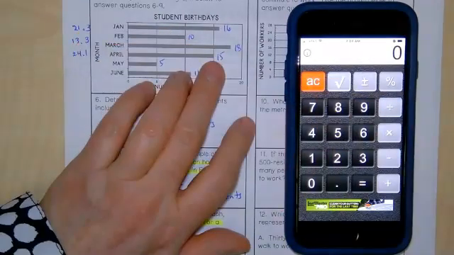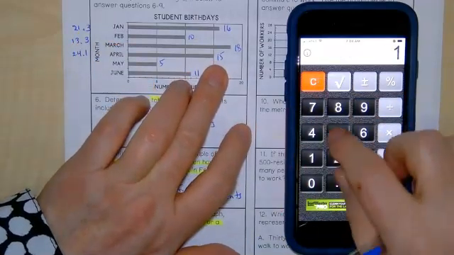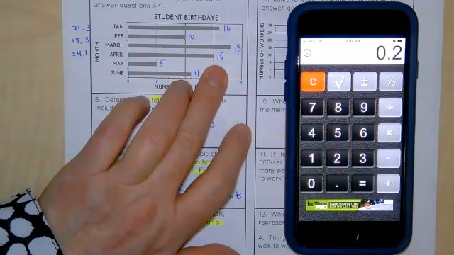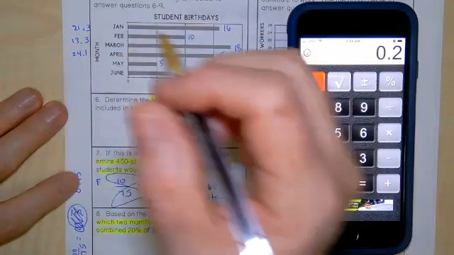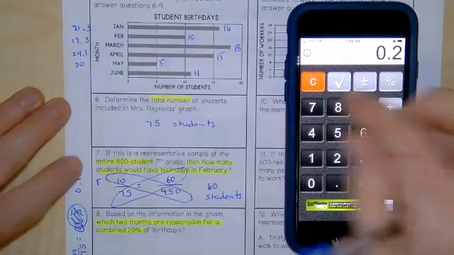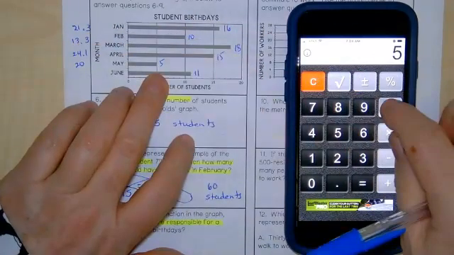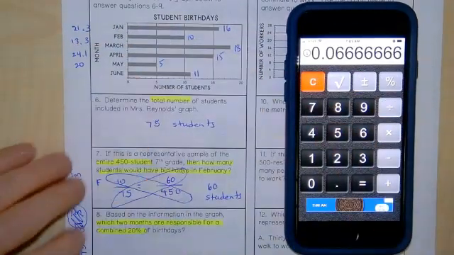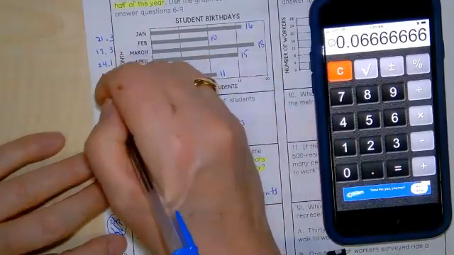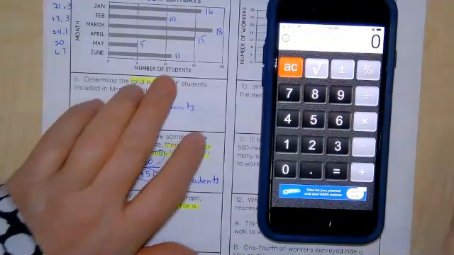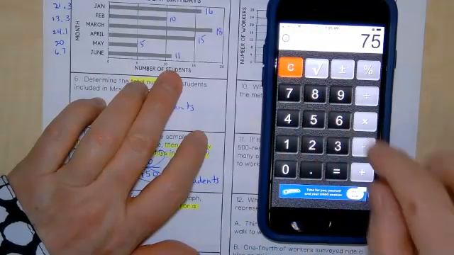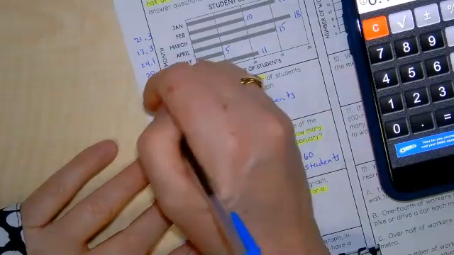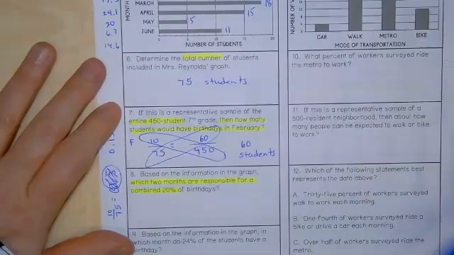None of these are very clean, are they? How about 15 out of 75? Oh, there's something that's normal. 20%. 5 out of 75 is 6.7%. And 11 out of 75 is 14.6%.